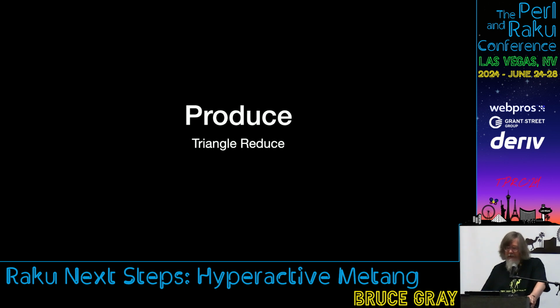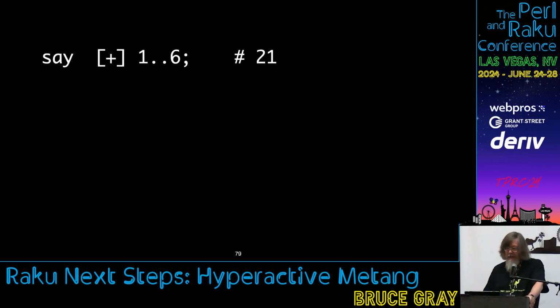Related is production, or the triangular reduce, which oddly in List::Util is called reductions, plural. So the same name, reduce, in Perl and Raku, but it's reductions and produce. I think produce is much cleverer in the two languages. So we've covered this, right?